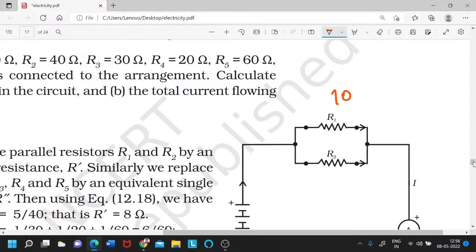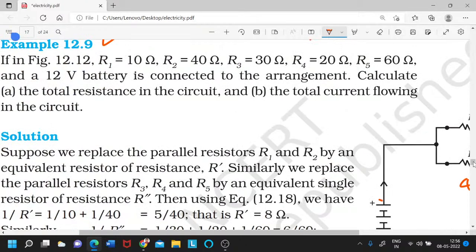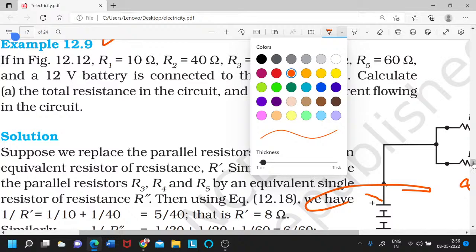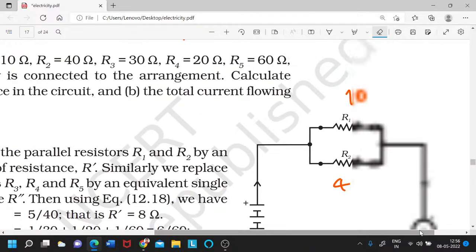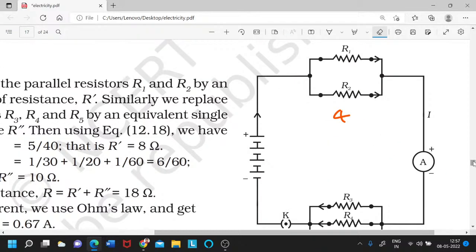10, 40, 30, 20, 60. This was asked in the CBSE exam also.